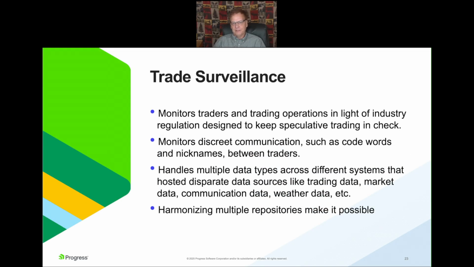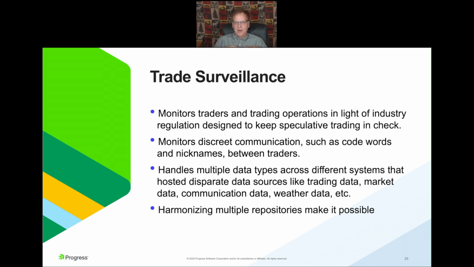Trade surveillance is a niche thing. Not everybody needs to do it, but I'm talking about it here because it really highlights the full breadth of data that you need. When you're doing trade surveillance, you're basically watching out for insider trading by your traders. That's definitely financial crime. You need to pull in lots of data, trading data, market data.